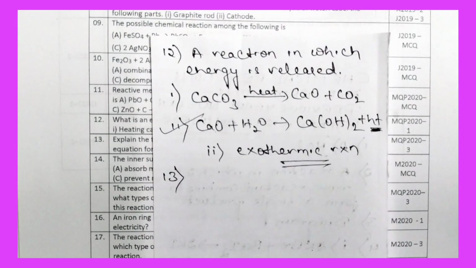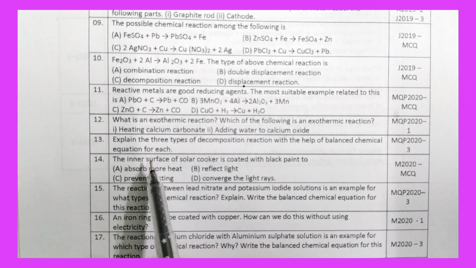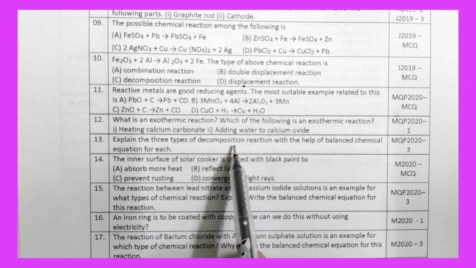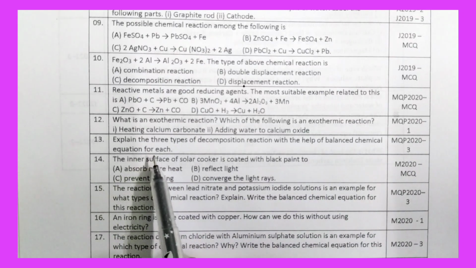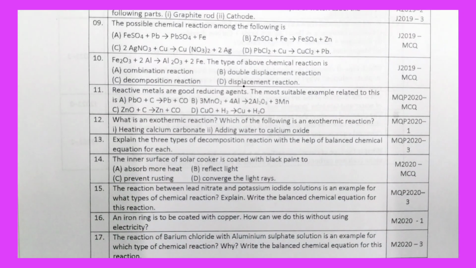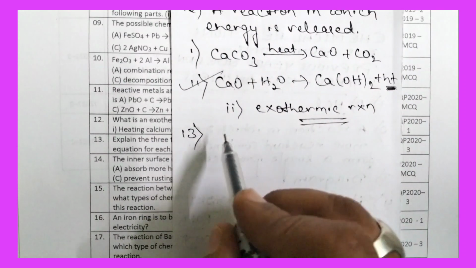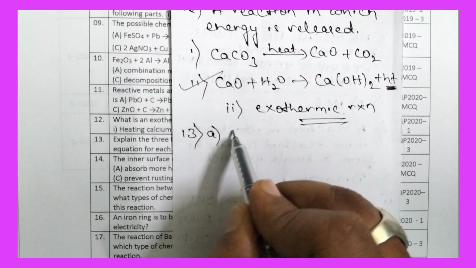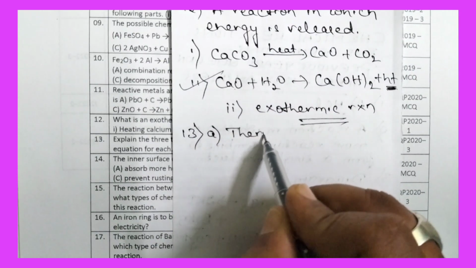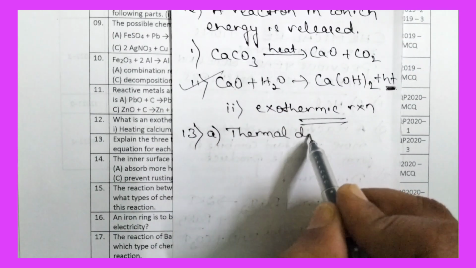Now let us move to the 13th question. Explain the three types of decomposition reaction with the help of balanced chemical equation for each. So three types of decomposition reaction. The first one is thermal decomposition.